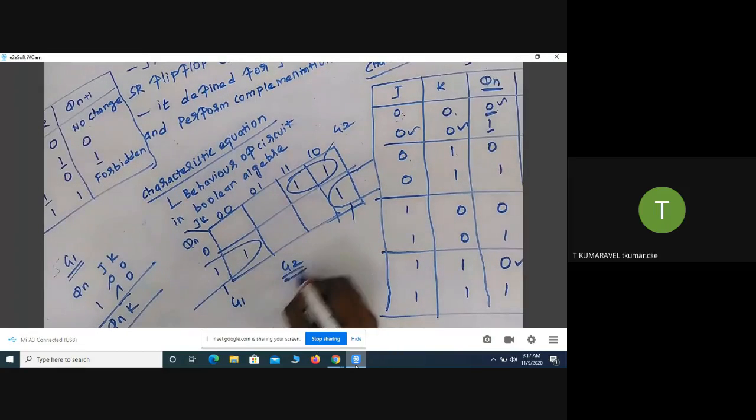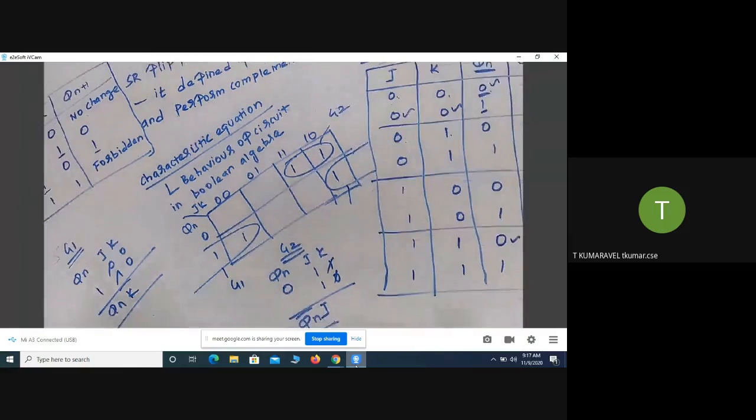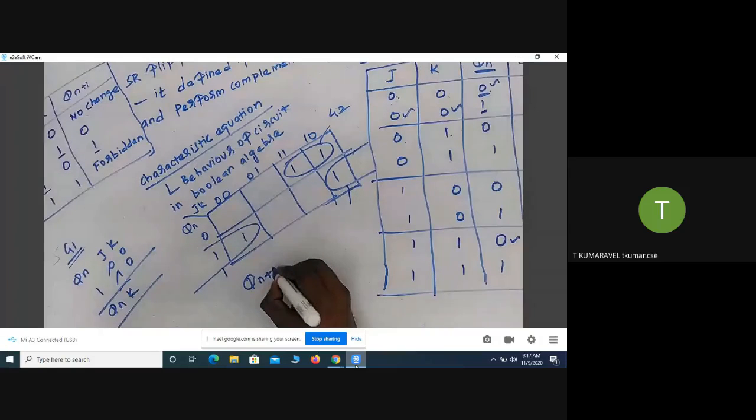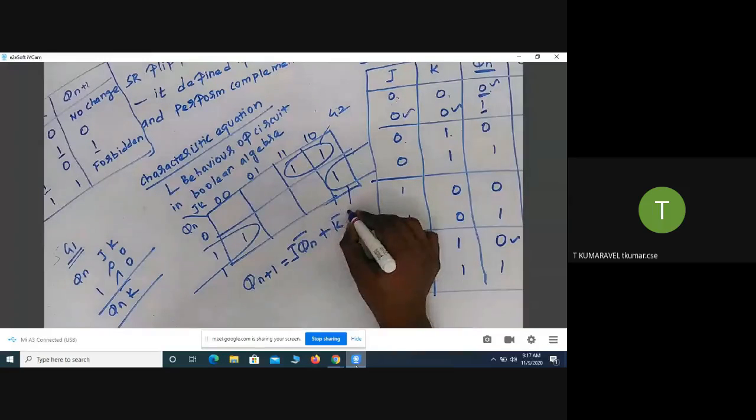So the final characteristic equation is Q n plus 1 equals J Q n bar plus K bar Q n.